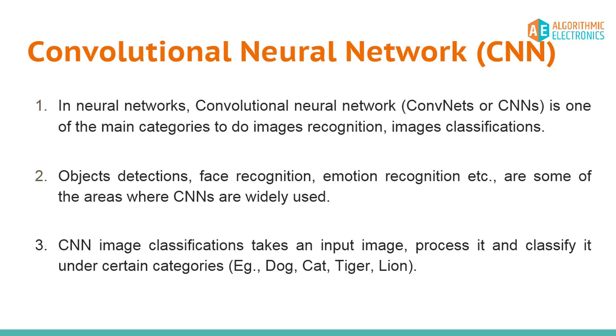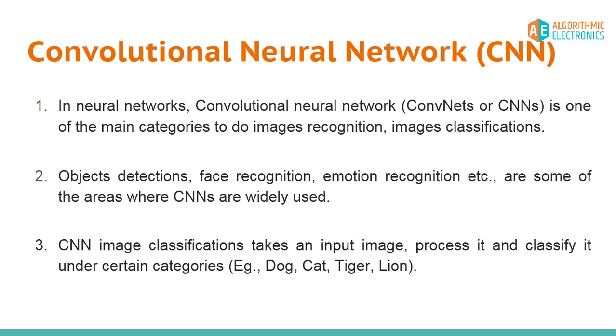CNN image classification takes an input image, processes it and classifies it under certain categories. So this algorithm takes an input image, processes that image, and classifies it into certain categories. For example, if you have to classify animals like dog, cat, tiger and lion, you will have a data set of input images.